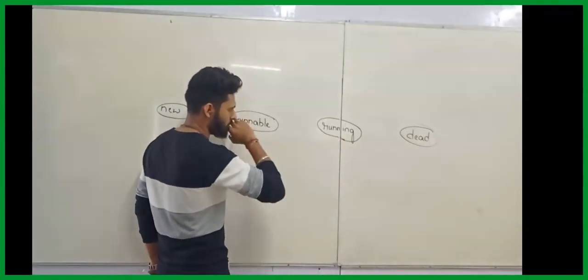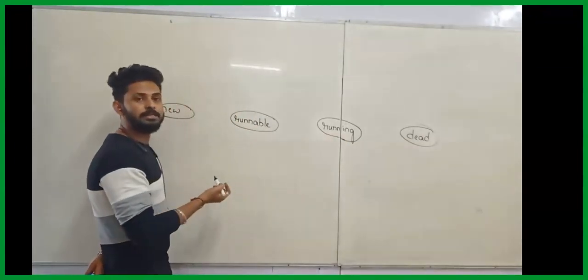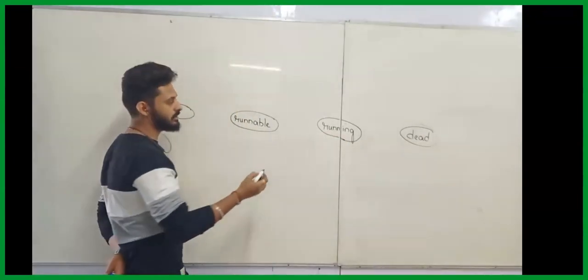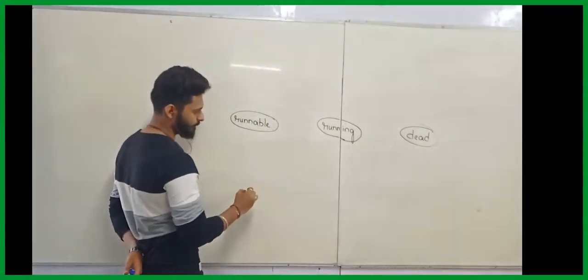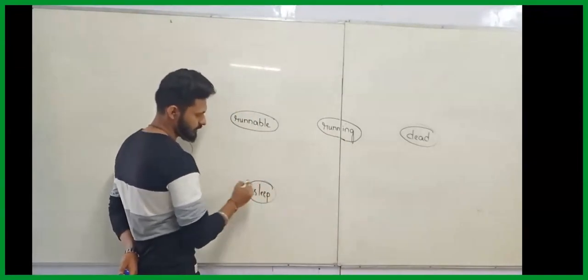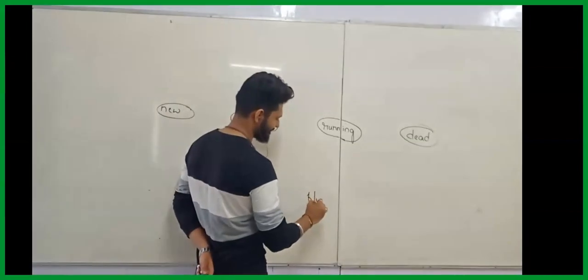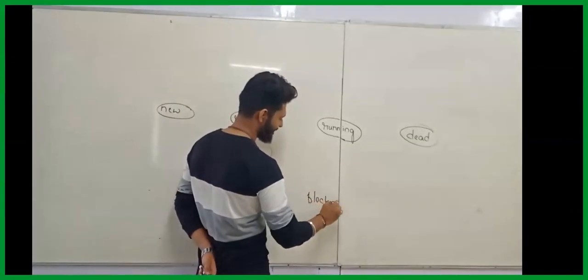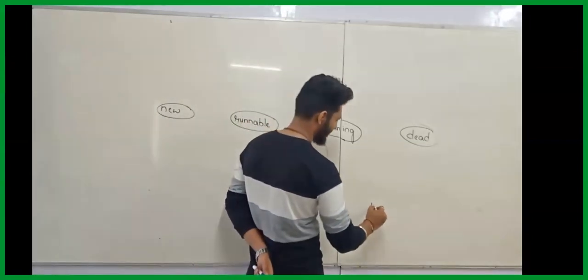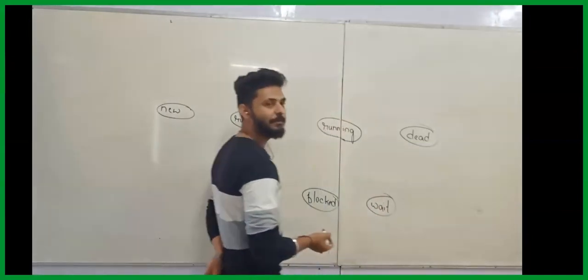Whenever the thread is in running state, it can also go to three other states. Which are those three other states? First one is sleep state, then block state, and then wait state.